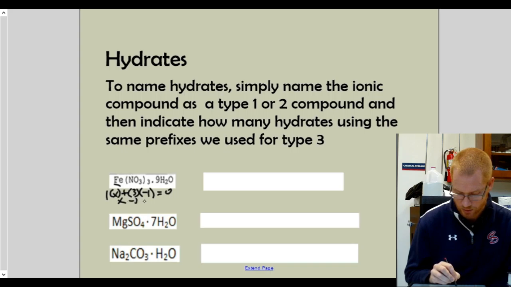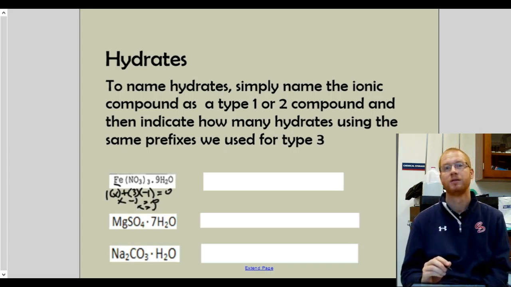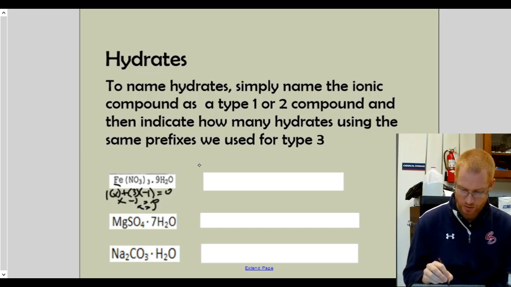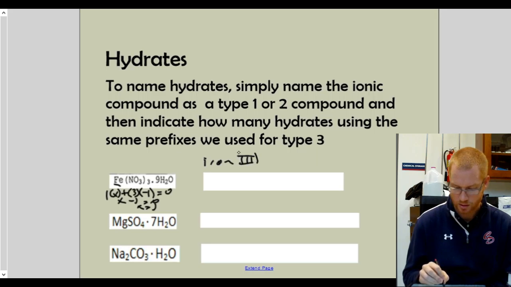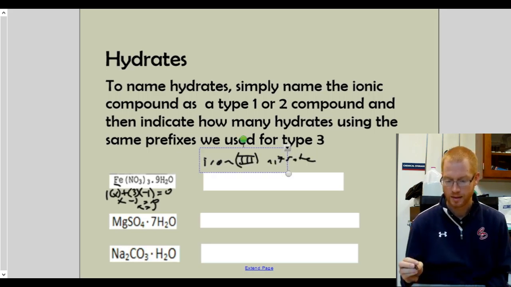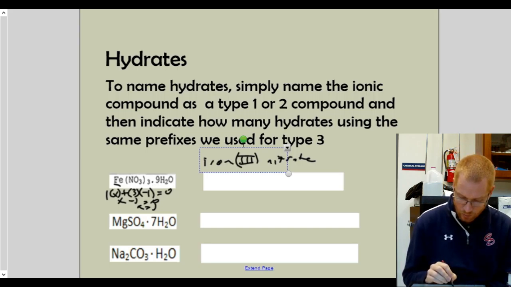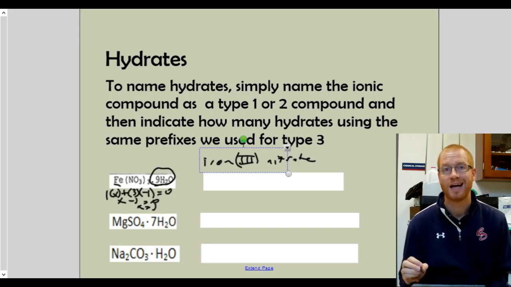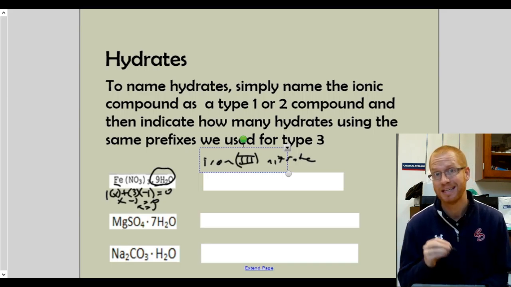So X minus 3 equals 0, so the charge on that iron is 3. So it's iron 3 nitrate. But then we've got these 9 water molecules chemically attached to it.